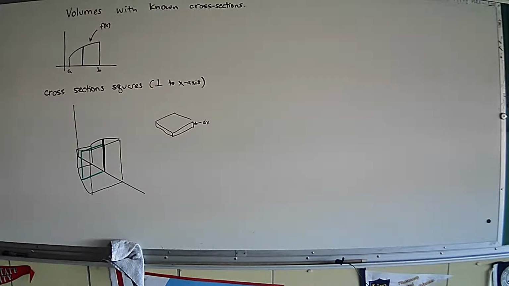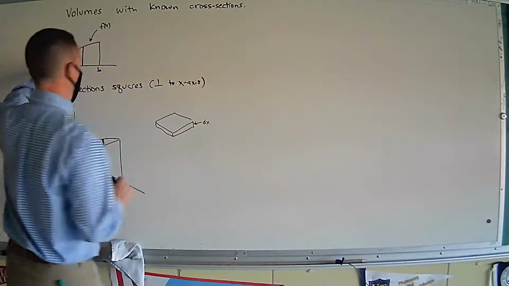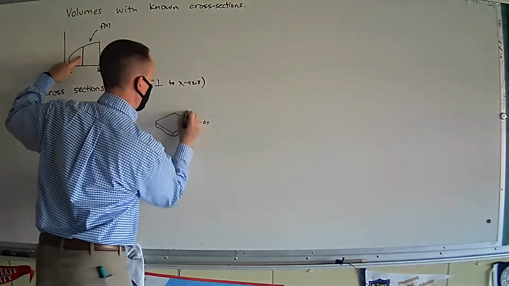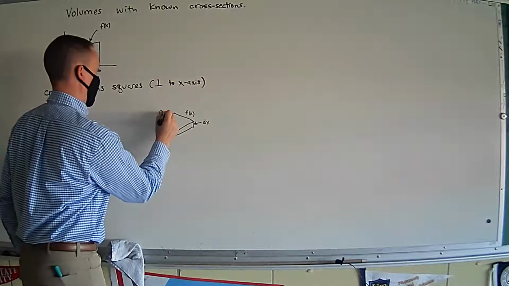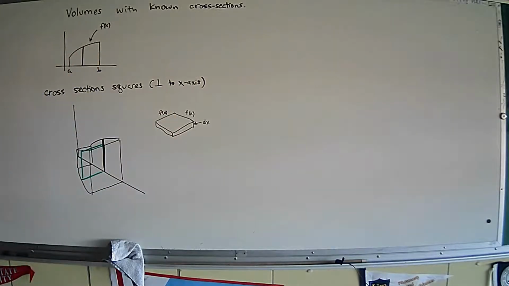What's the side length of the square? It's f of x. It's this length right here, right? That length corresponds to that length, and also that length, since it's a square, all four of the lengths are the same.